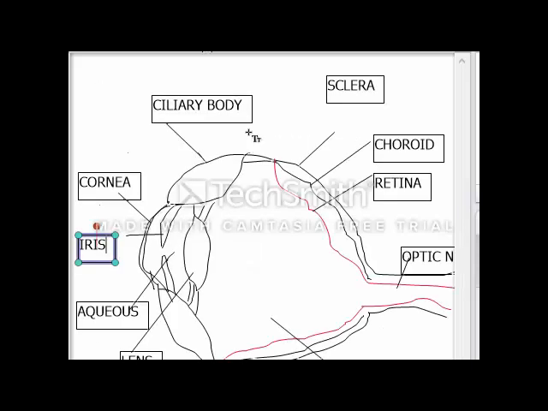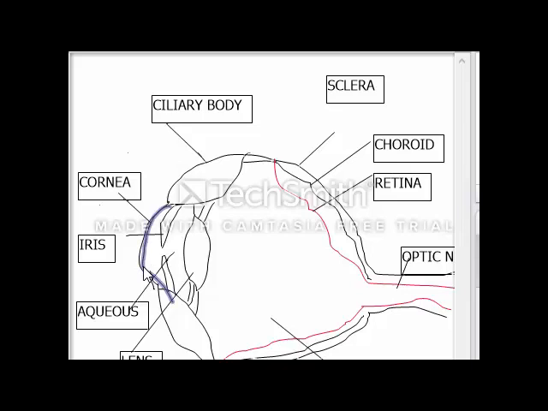Now, the structure of the eye is such that the eye is a globular structure, and it is made up of three layers. These three layers include the sclera, which is the outer covering of the eye. This sclera continues with the cornea in the anterior portion.